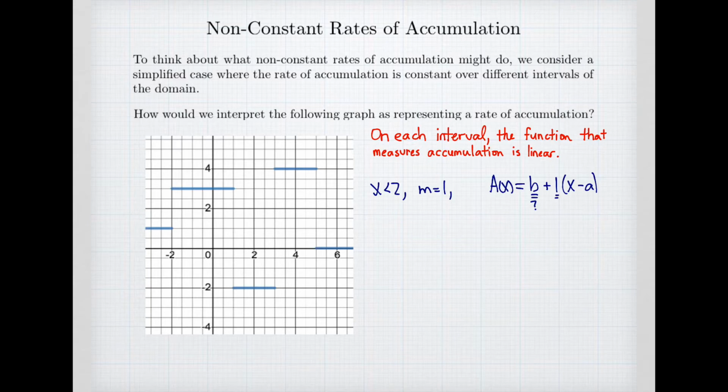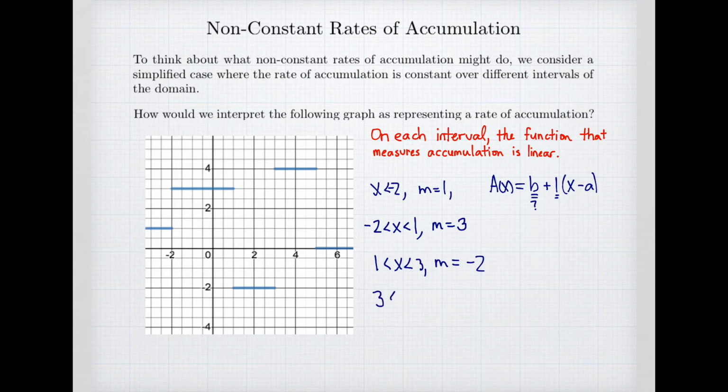On the interval from -2 to 1, I have a slope of 3. On the interval from 1 to 3, where x is between 1 and 3, I have a slope of -2.